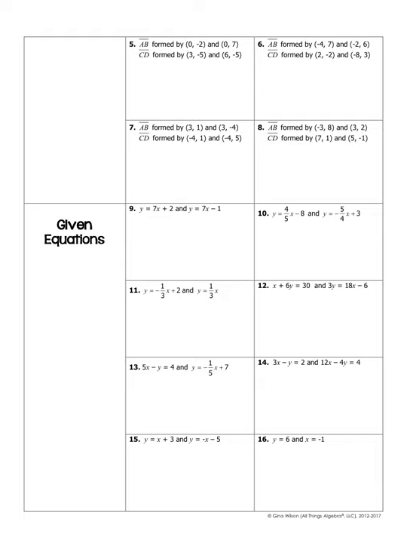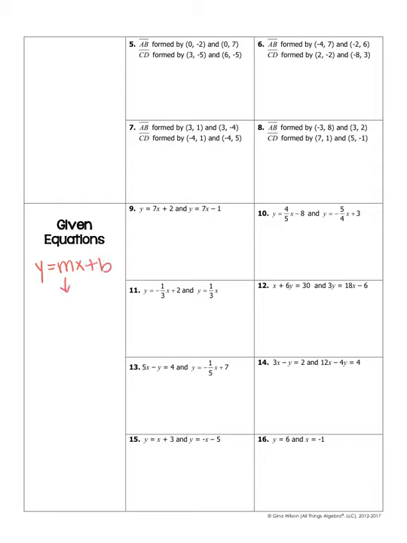All right, we're going to jump down to question number 9. So on these, we're given actual equations, and we have to identify the slopes first and then determine, are these two lines that we have these equations for, are they parallel, perpendicular, or neither? So first, let's kind of review here. If our equation is given to us in slope-intercept form, that means it looks like y equals mx plus b.